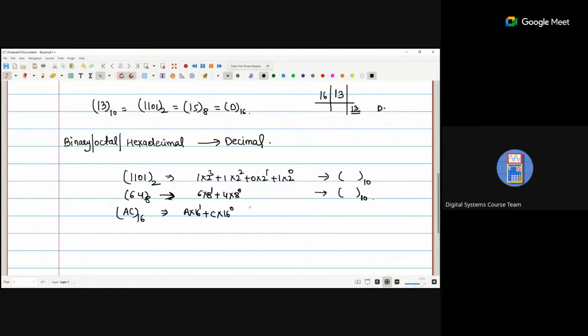That gives the value in decimal. So decimal to binary, octal, hexadecimal, the method is the same, and binary, octal, hexadecimal to decimal, the method is the same. Clear? Yes, sir.